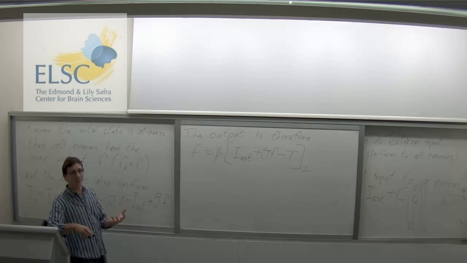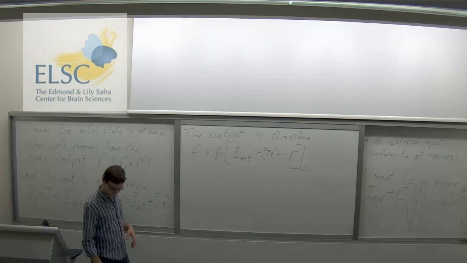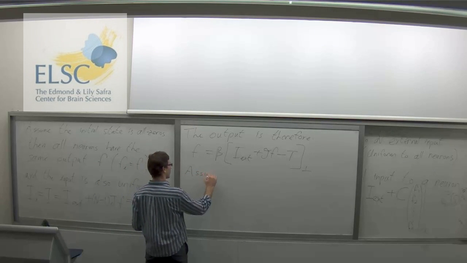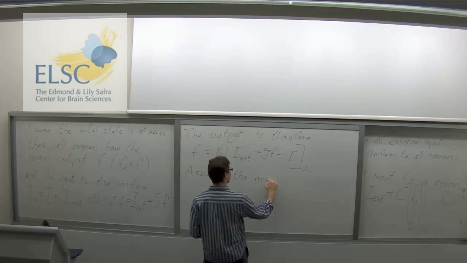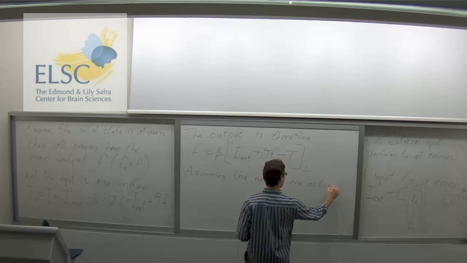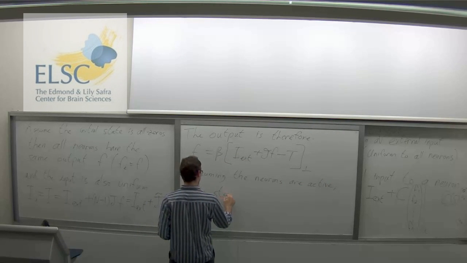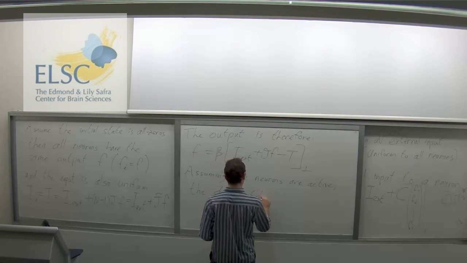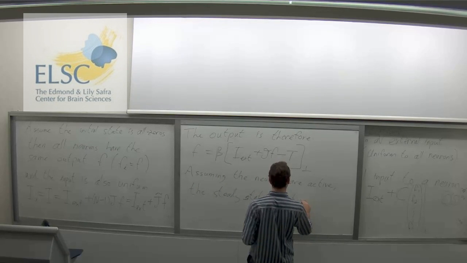But we assume that neurons are active, that I external is large enough for the neurons to become active, and then we want to solve this, assuming the neurons are active. The steady state solution is when this is satisfied.